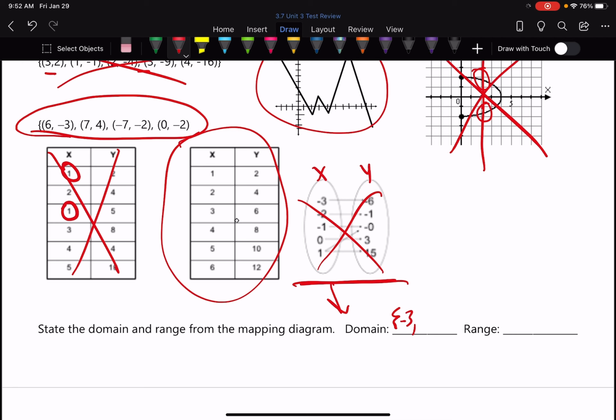We've got -3, -2, -1, 0, and 1 as the domain. But realize that this 1 is used twice, but we only have to list it once. And then our range values are going to be our y values. So we've got -6, -1, 0, 3, and 15.